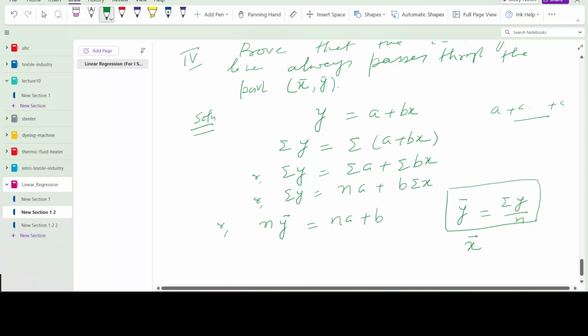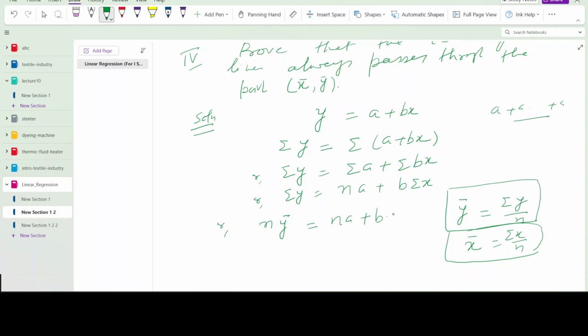Likewise, x bar is equal to sigma x by n. The average value of x will be the summation of all values of x divided by n. So we can write sigma x as nx bar. This comes out to be y bar is equal to a plus bx bar.